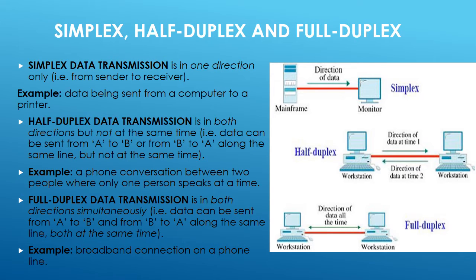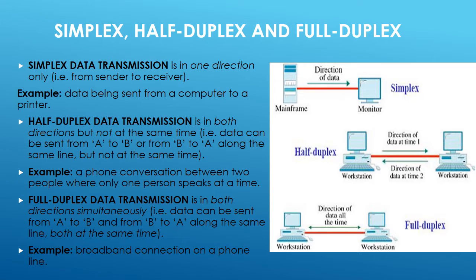So data can only be sent from the sender, and the receiver can only receive whatever is sent from the sender. Example, data being sent from a computer to a printer. In this case, the printer cannot give any sort of feedback to the computer. So this is totally one direction or unidirectional data transmission.